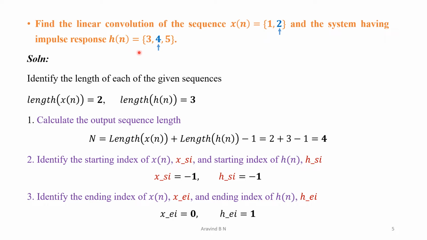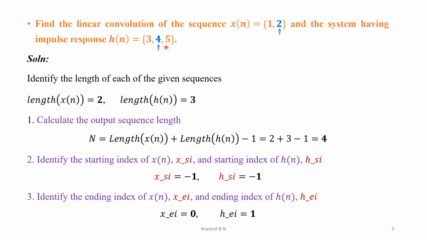Similarly, in case of h of n, the first element is not the origin. This is going to be the origin. The value 4 is the origin. Therefore, the value 3 is going to be at the location minus 1 because it is before this origin value. Therefore, the location of 3 is minus 1 and the value 5 is on the right side of the origin.